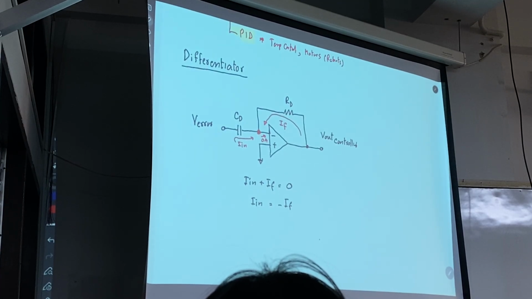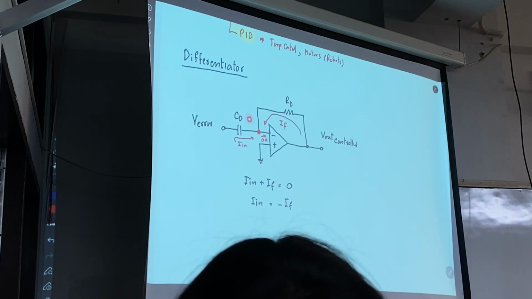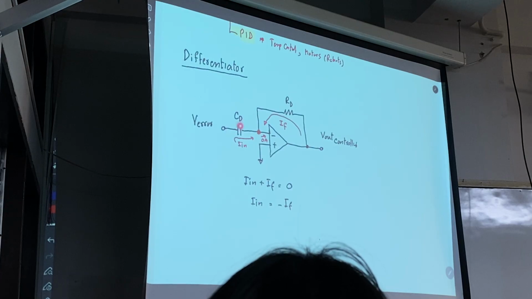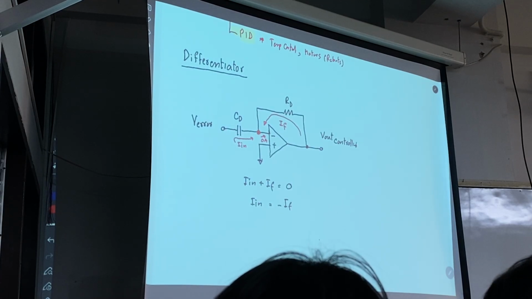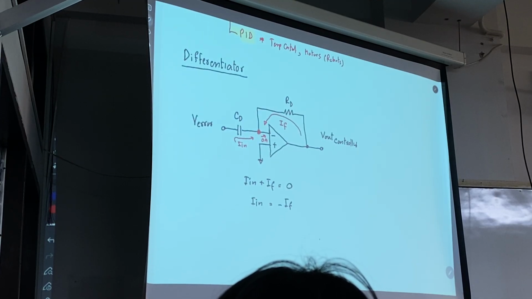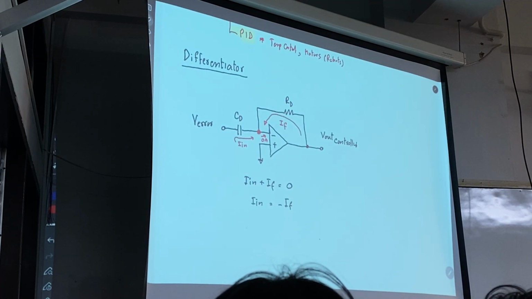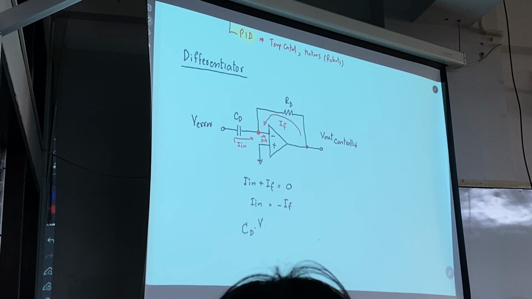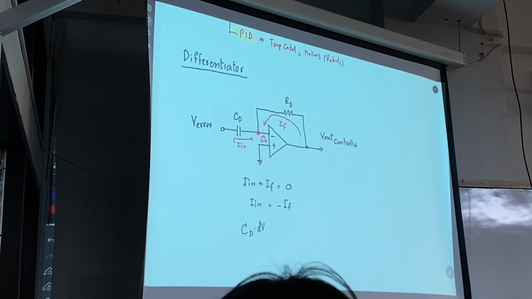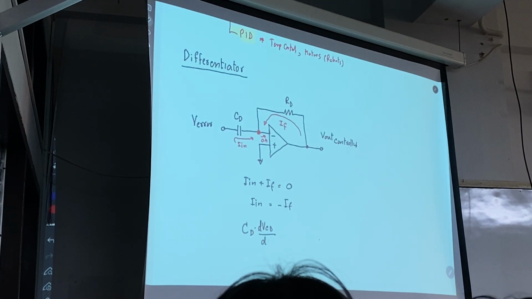IN, as you learned last time, is the current that the capacitor keeps inside itself and then tries to evacuate when there is a load. Then you know that IN is the capacitance value CD multiplied by dV across the capacitance CD over dt.